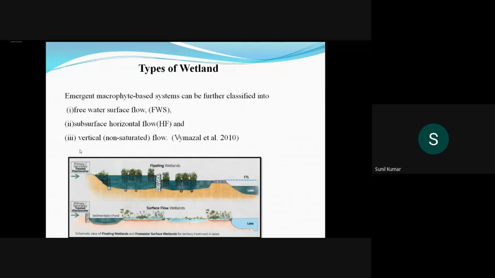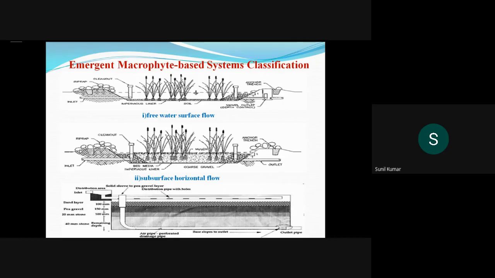The next classification is based on the types of flow, whether the water flow is free water surface, subsurface horizontal flow, or vertical flow. Free water surface flow means the water flows on the top, totally exposed to the surface.